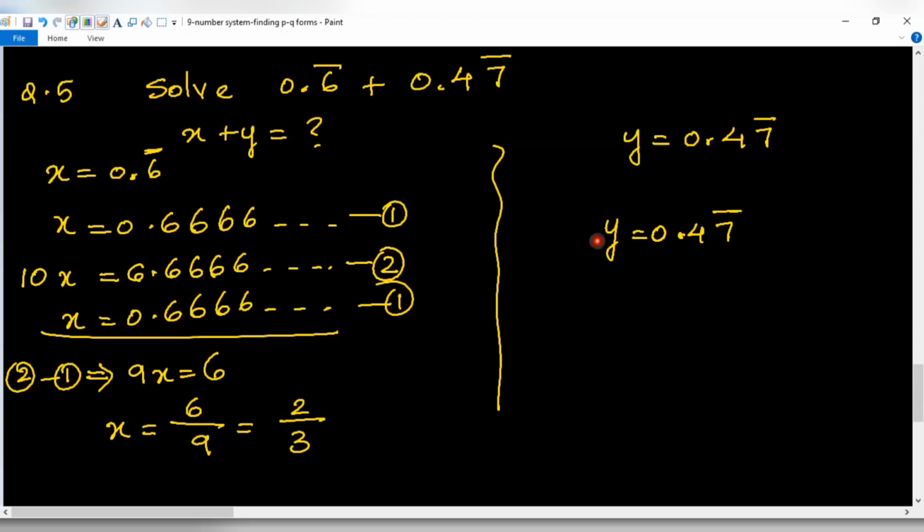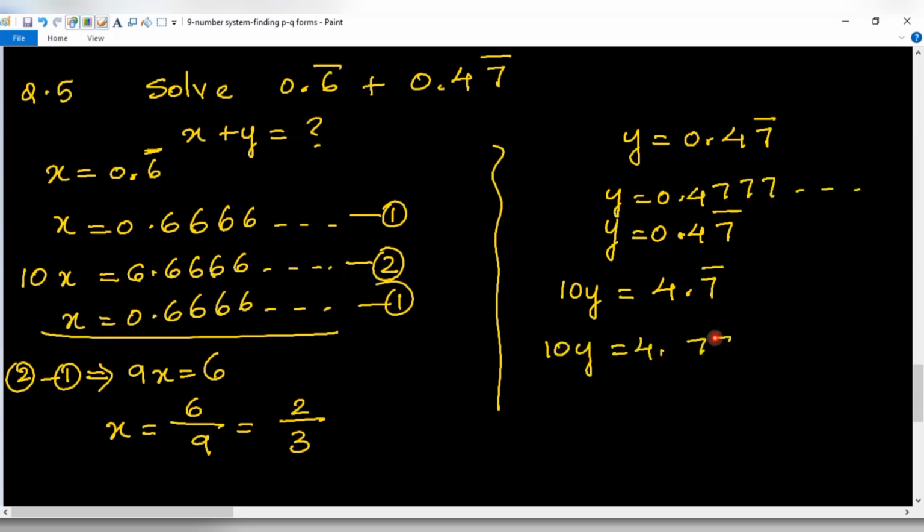So it will become 10y is equal to 4.7 bar. y was 0.4777 like that, and 10y is equal to 4.777 like that. Again, before doing subtraction we need two numbers having the same decimal places.